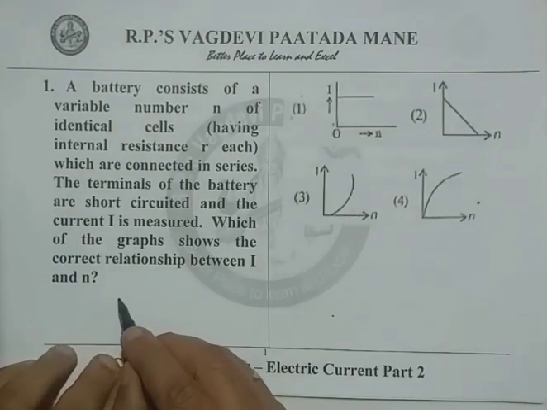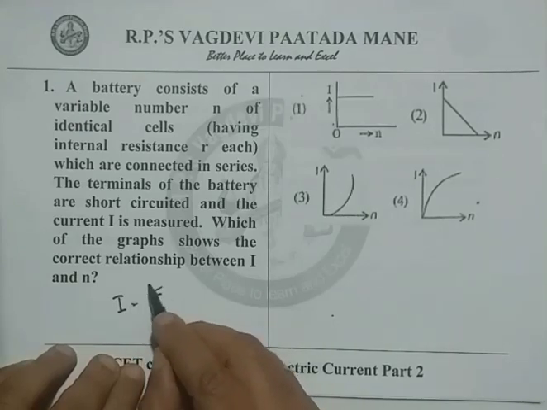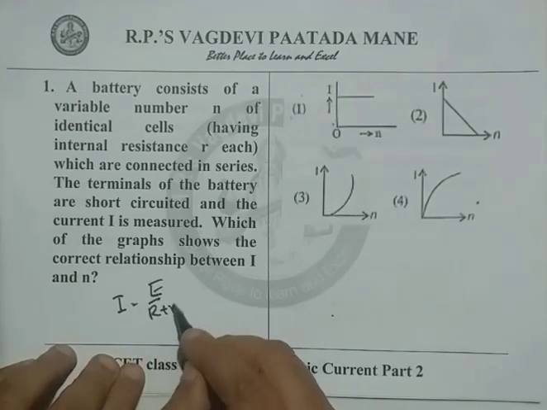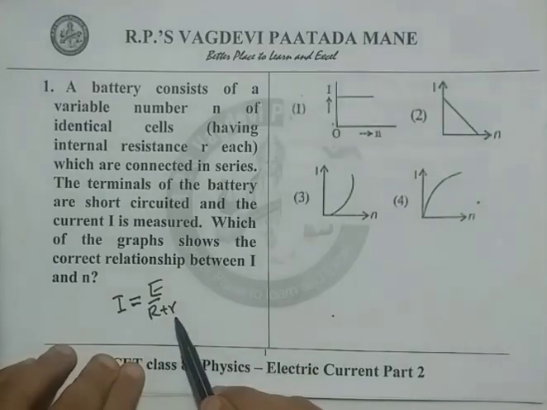We write formula for current I equals E by R plus R. Here capital R is external resistance and R is internal resistance, E is EMF.